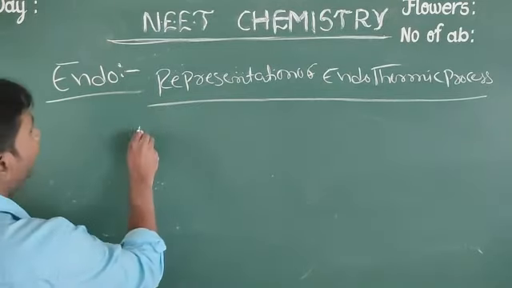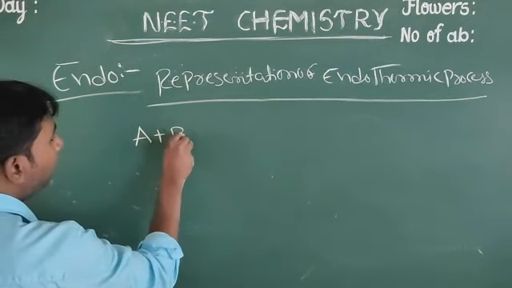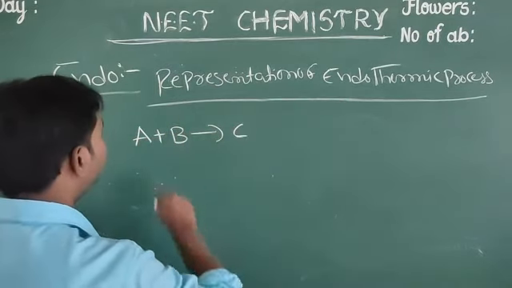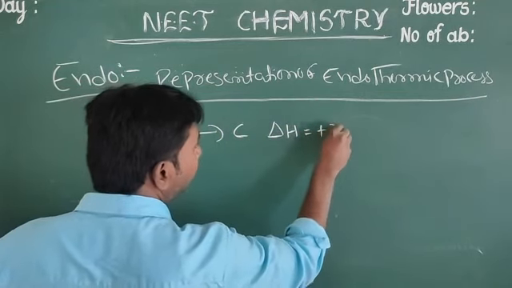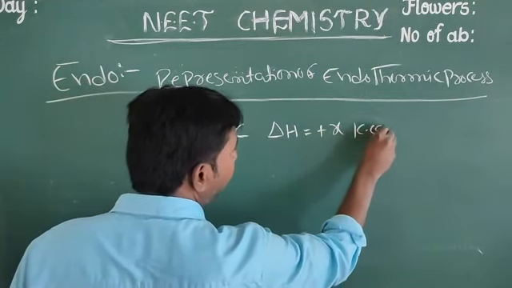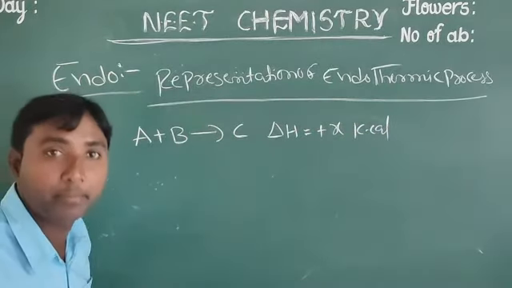For example, A plus B gives C, del H equal to plus X kilocalories. This is the endothermic representation.